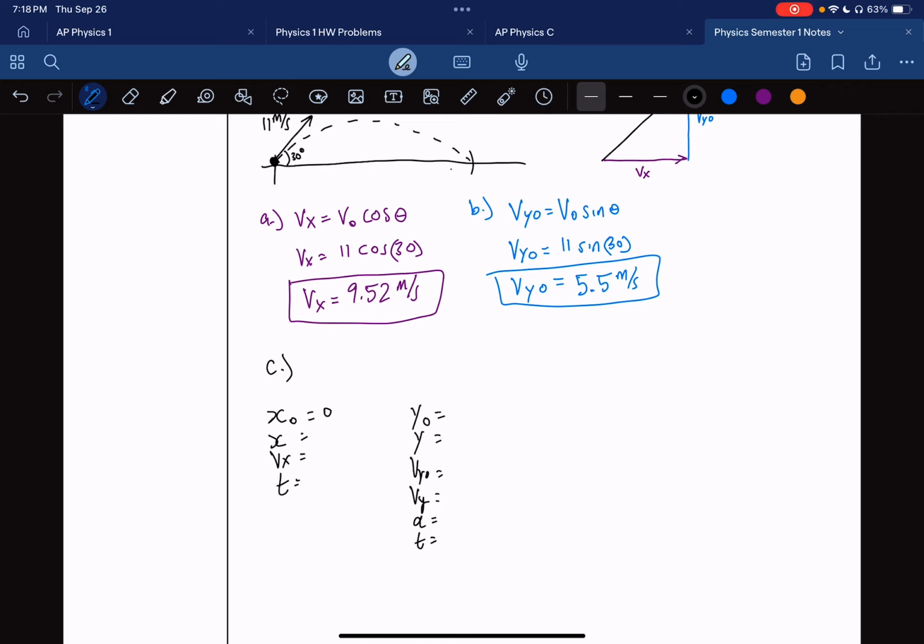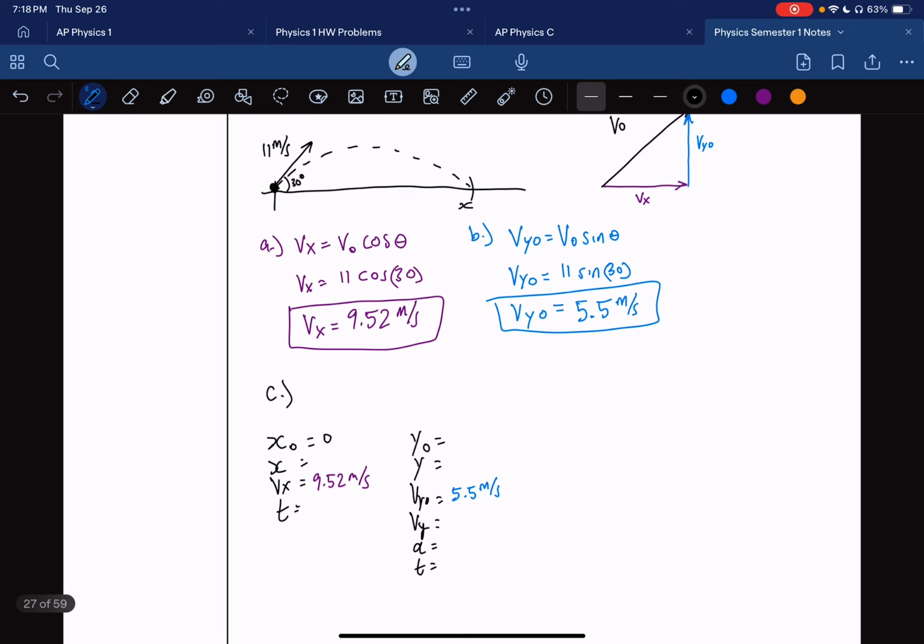X will be how far it travels horizontally, which we don't know. We know Vx is 9.52 meters per second. We're going to put in Vy naught is 5.5 meters per second. Now, the initial height of the soccer ball should seem obvious, that is 0. The final height, at the end of that trajectory, should also be 0. A is negative 10.